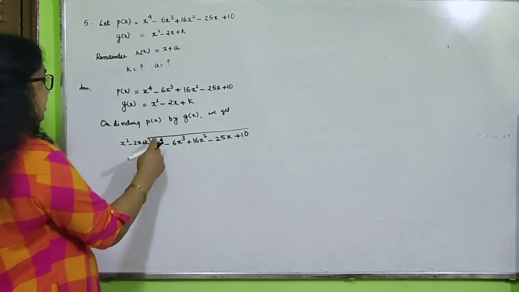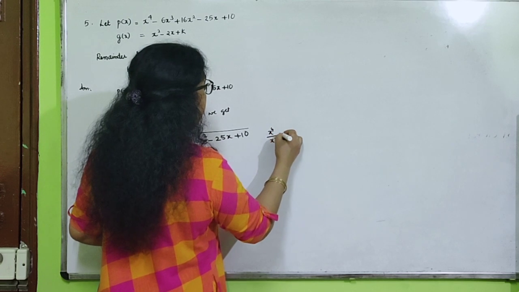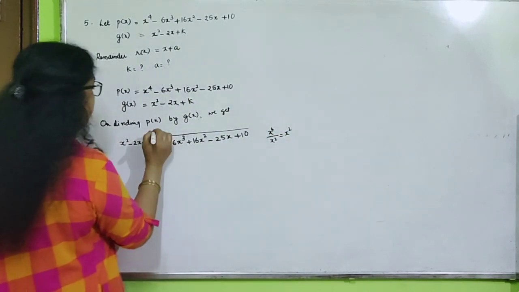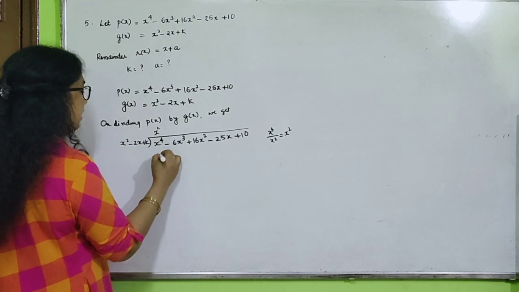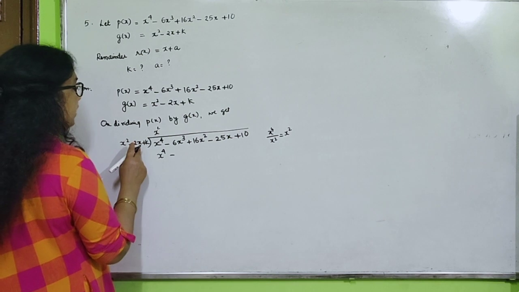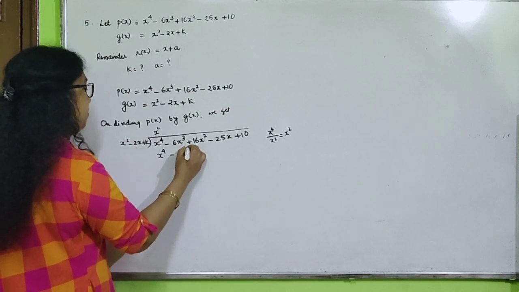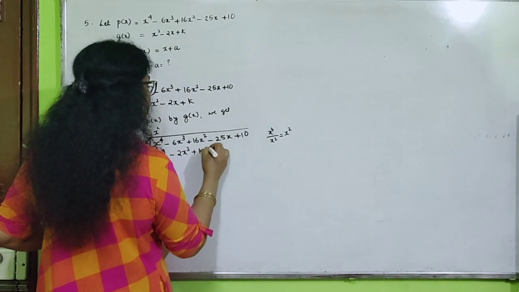First term, x raised to 4 upon x square, that is equal to what? x square. Here, x square. x square into x square, x raised to 4, minus x square into 2x, minus 2x cube, plus x square into k, kx square.